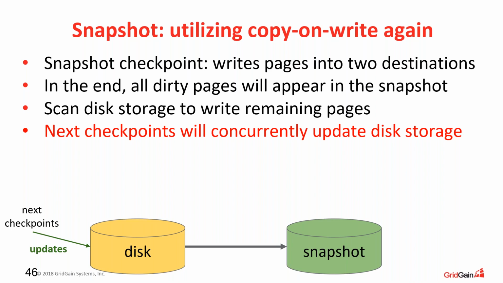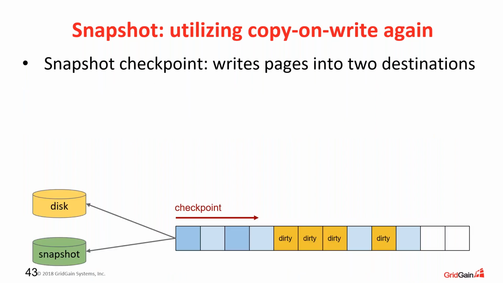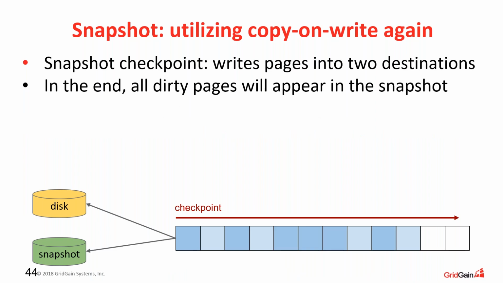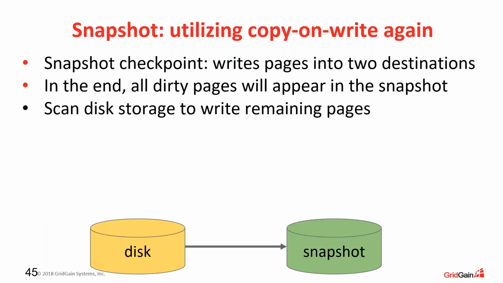So when we start a snapshot checkpoint, the first phase is conjoined with the actual checkpoint, and after the first phase is finished and we do the second phase, which includes writing the remaining pages, other checkpoints which are not snapshot checkpoints may start, and we have to handle it.